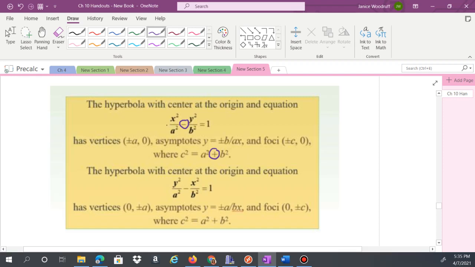Okay, in a hyperbola with x squared first, you're going to have asymptotes of b over a x. Okay, and then with x squared first, remember x squared is up and down. Okay, and then y squared is going to be left and right.